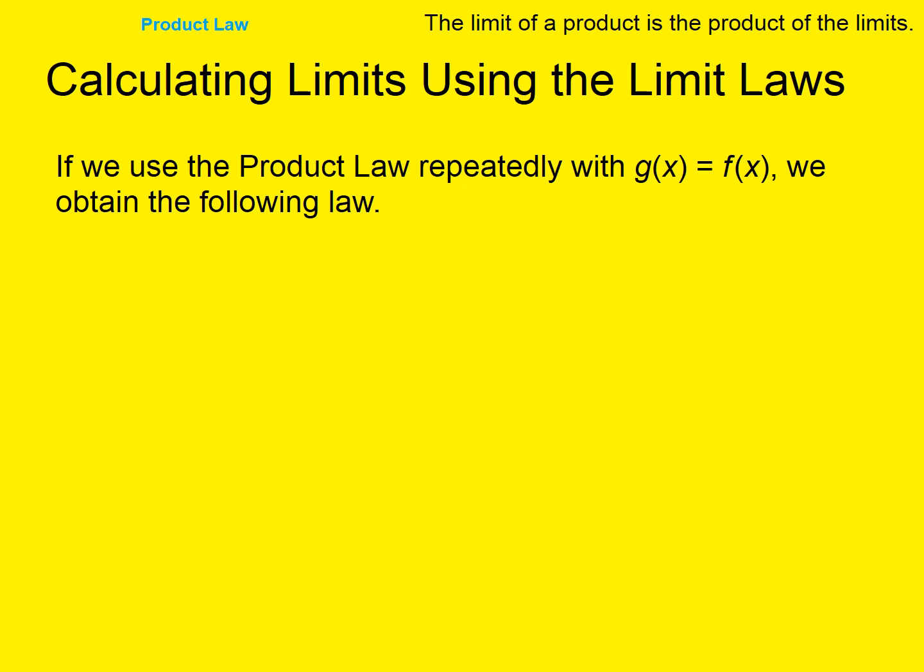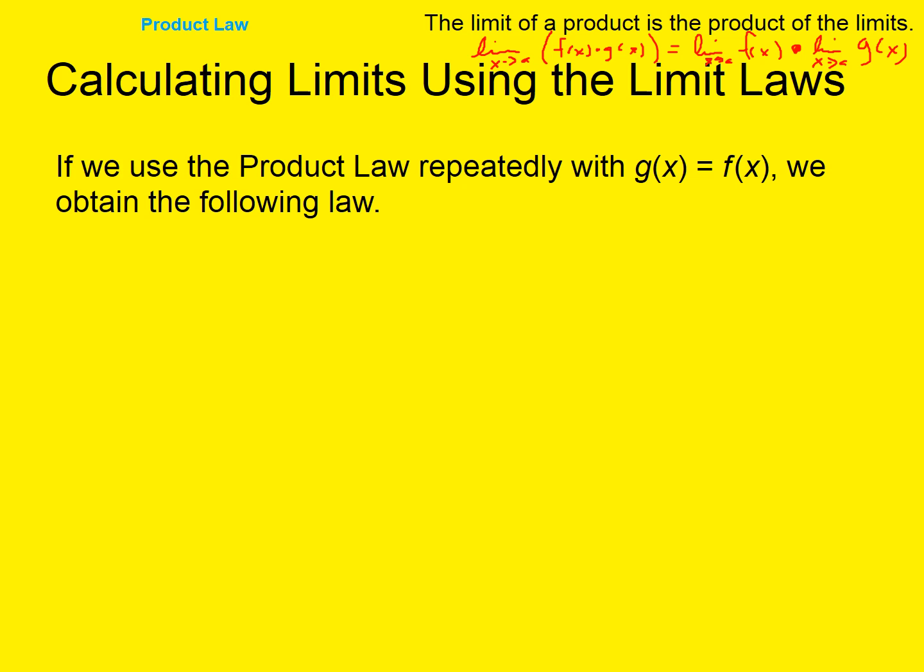If we use the product law repeatedly with g of x equals f of x, we obtain a new law. The product law says the limit of a product is the product of the limits. The limit as x goes to a of the product f of x times g of x is the limit as x goes to a of f of x times the limit as x goes to a of g of x.